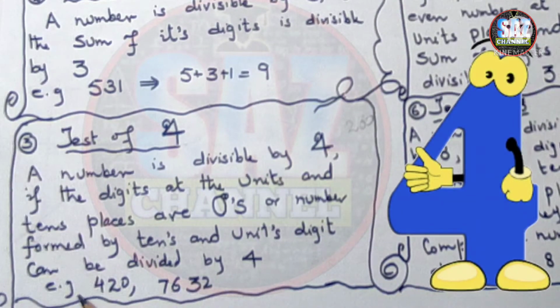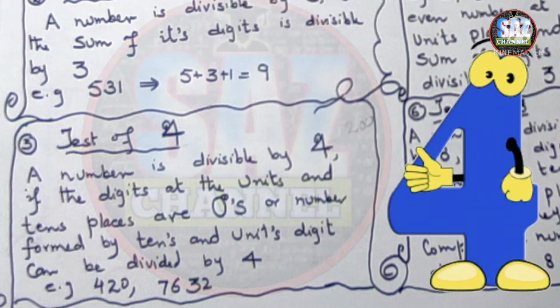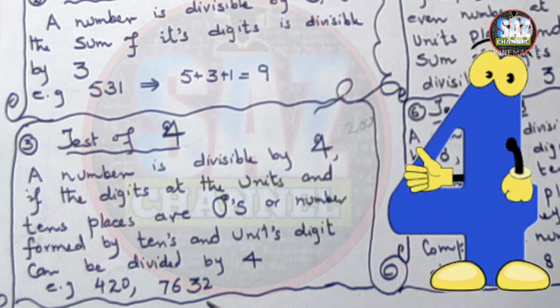Like if I'm taking the example 420, here 20 is completely divisible by 4, so this whole number will be divisible by 4. Moving to 7632, again the number at the units and tens place is 32. 32 is divisible by 4, so the whole number 7632 will be divisible by 4.